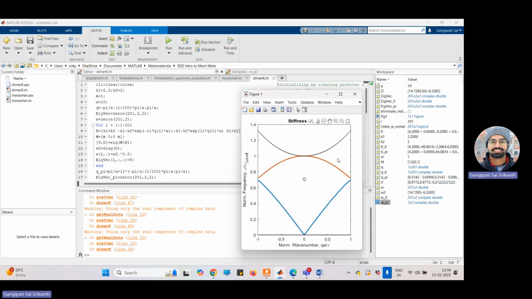And of course, after that, we have the grounded system. Then after that, we have the lateral local resonator, and then after the lateral local resonator, we'll have the inertial amplification. So we'll plot all these.